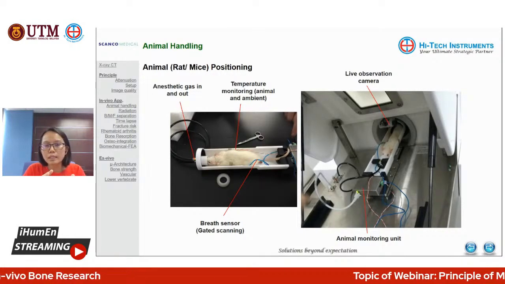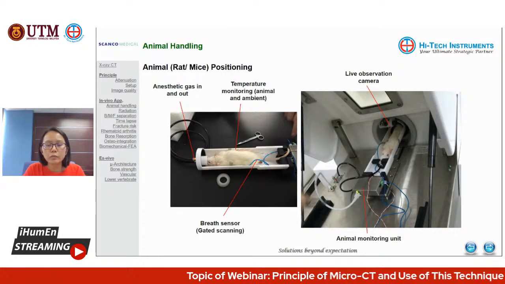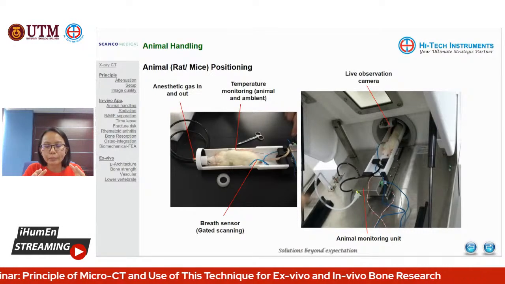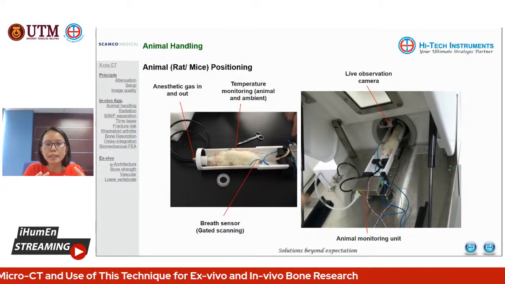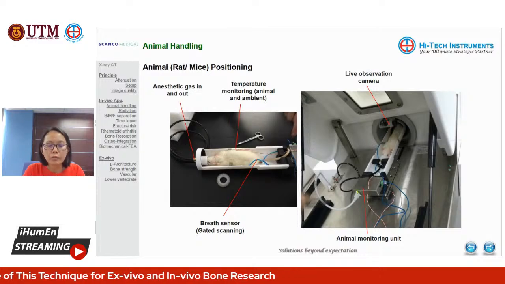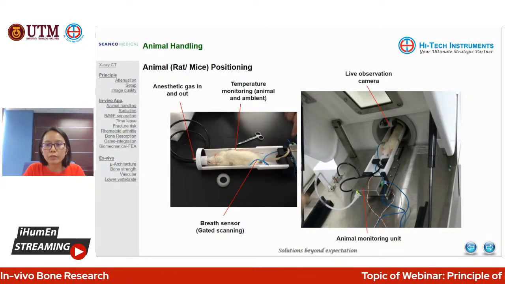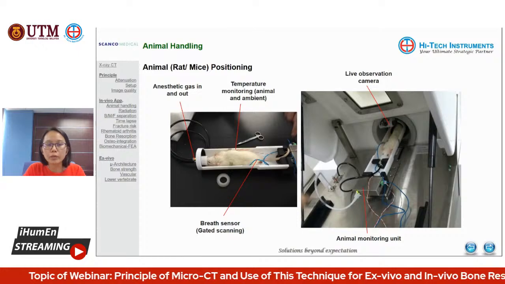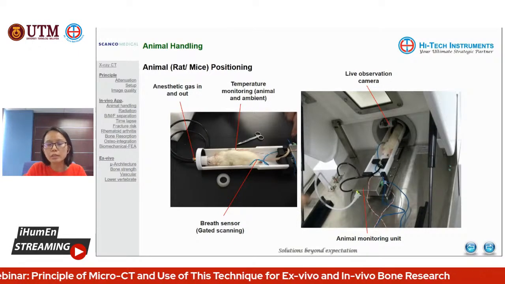Of course, this has to be optimized from animal to animal, and you have to make sure of the body weight of the animal, and try to keep a range of the animal weight with this amount of anesthetic percentage. So for a bigger animal, definitely you will need to increase the concentration or the amount of your anesthetic agent itself.